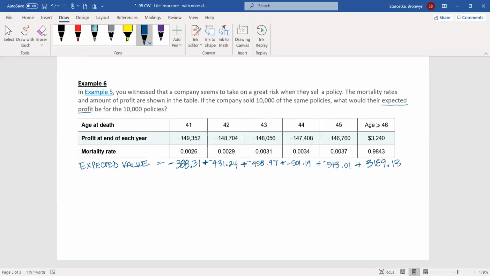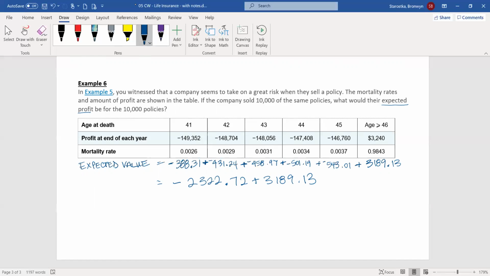So if you added up all the negative numbers and added it to the final positive number, you're going to have expected value is negative 2322.72 plus that 3,189.13.